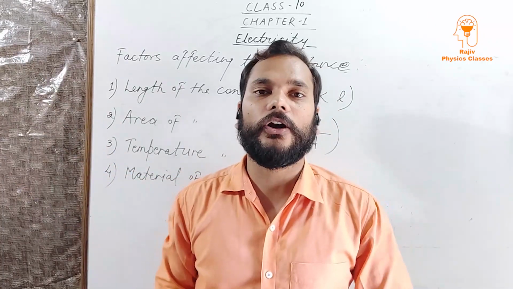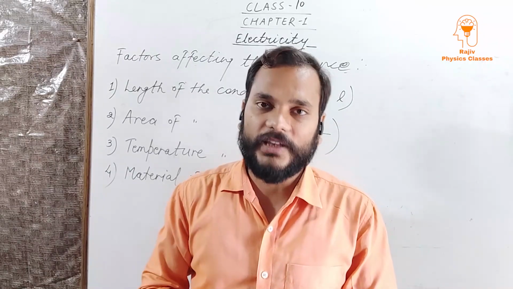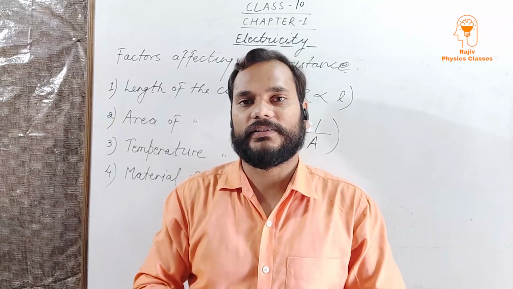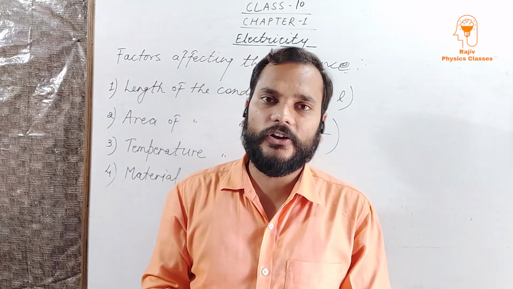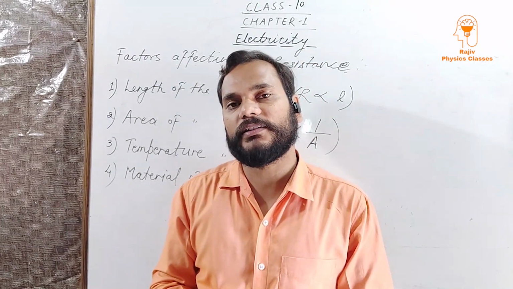Those electrons are called free electrons, and the substances which have these free electrons are known as conductors. Just opposite of it, the materials which do not have these free electrons are called insulators.